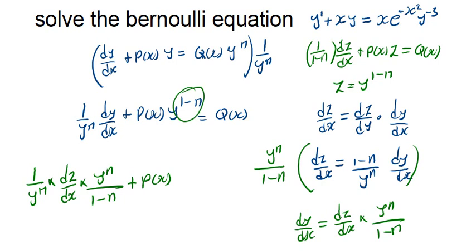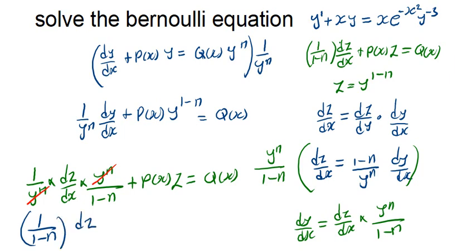And remember, your y to the power 1 minus n is nothing but z, so you can put z here, equals q of x. One thing that stands out is that this can cancel out and that can cancel out, so this just ends up being 1 over 1 minus n, which you can put in brackets. Then you have your dz dx plus p of x, z equals q of x there.